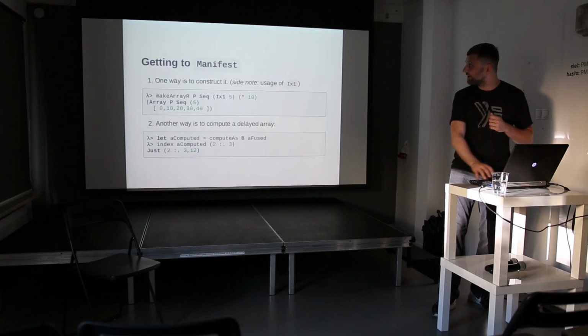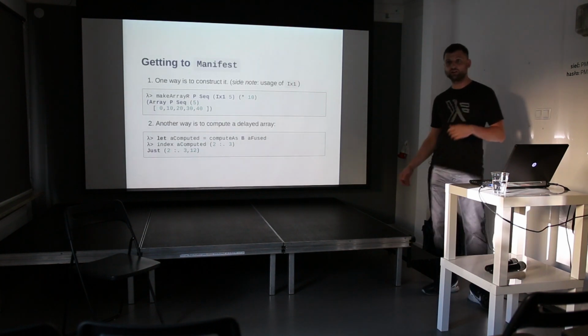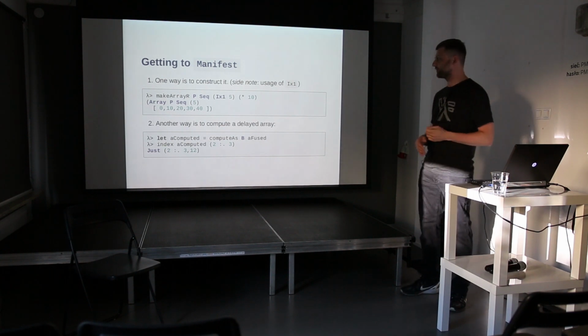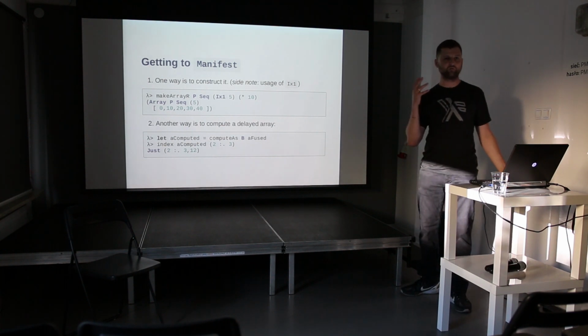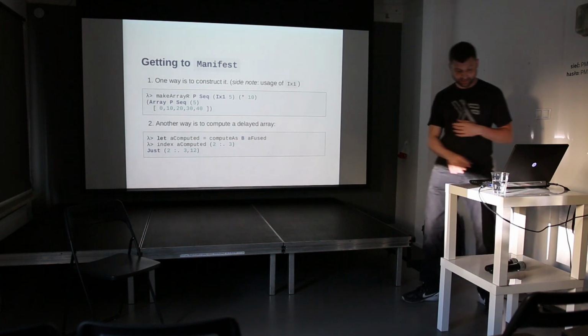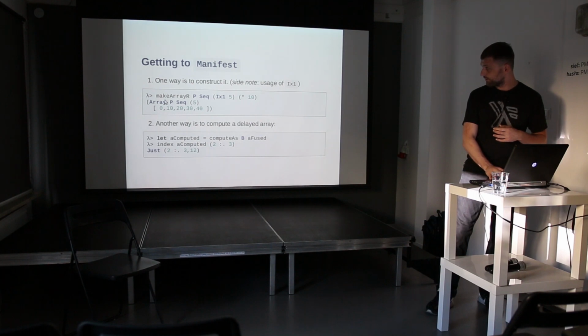How do we go from a delayed array to a manifest array so we can actually treat the array as a normal, regular array that we are used to, that is represented by regular stuff in memory? We can either construct it the same way as we were constructing delayed arrays. We use makeArray.